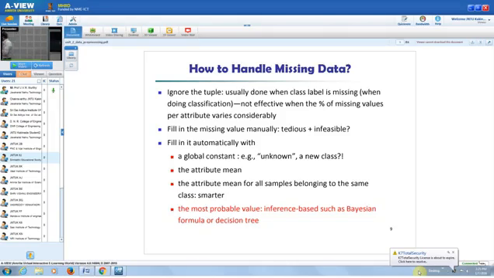Let us suppose those 50 tuples are very crucial, top ranked tuples. Then it will have an impact on the decision.